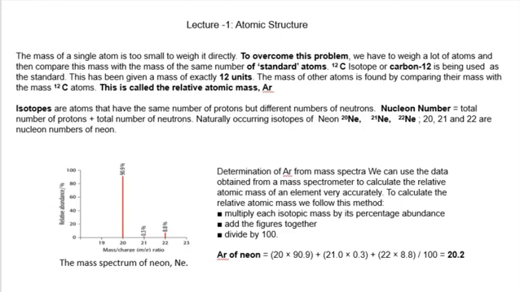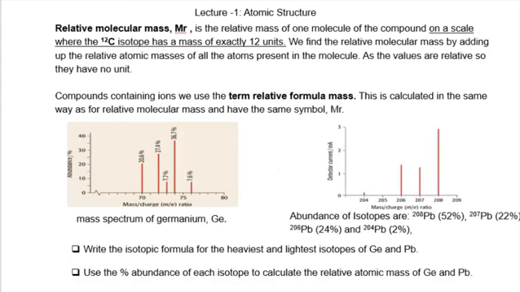calculate it. And then I showed this slide showing the mass spectrum of germanium and the mass spectrum of lead. I opened up 2 questions saying, write the isotopic formula of the heaviest and lightest isotopes of germanium and lead.